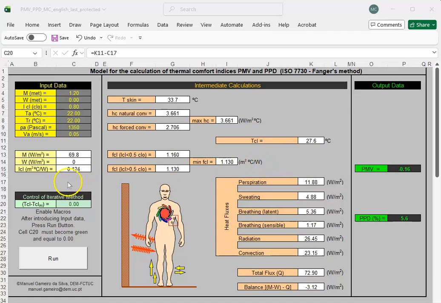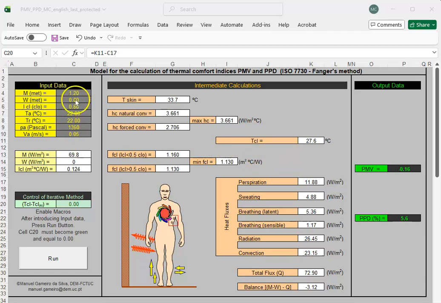There is a hidden cell here where the written value is in the same color as the background, and it's the cell where we have the first guess of this initial temperature.